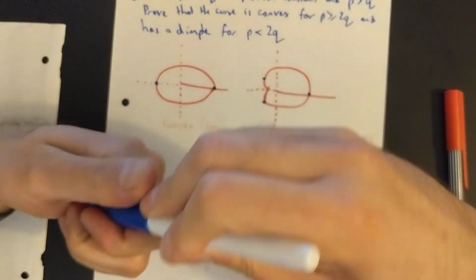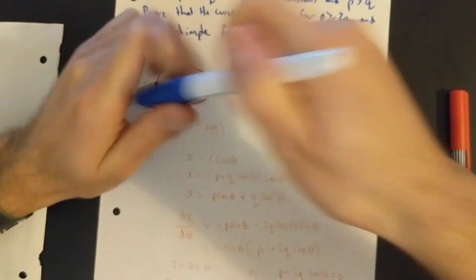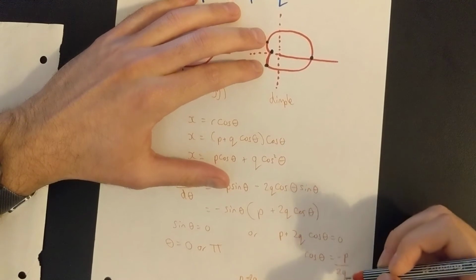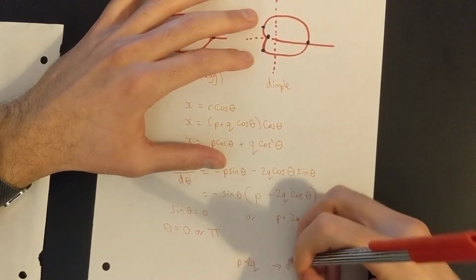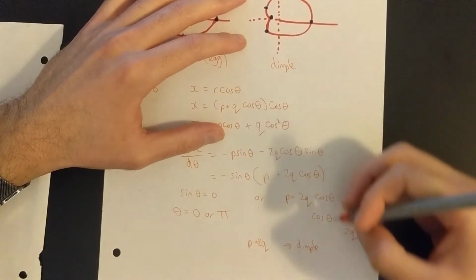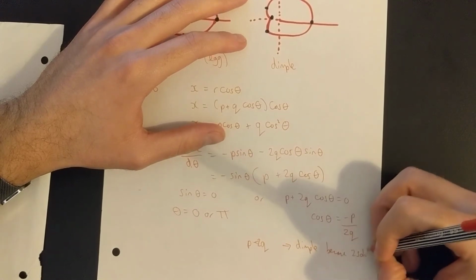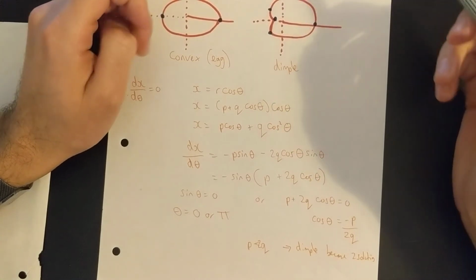Oh, I forgot that there'd also be a tangent line there, wouldn't there? So here, if p is less than 2q, then I have solutions for this. That is going to be a dimple. That gives me the 4 solutions I need for there to be a dimple.